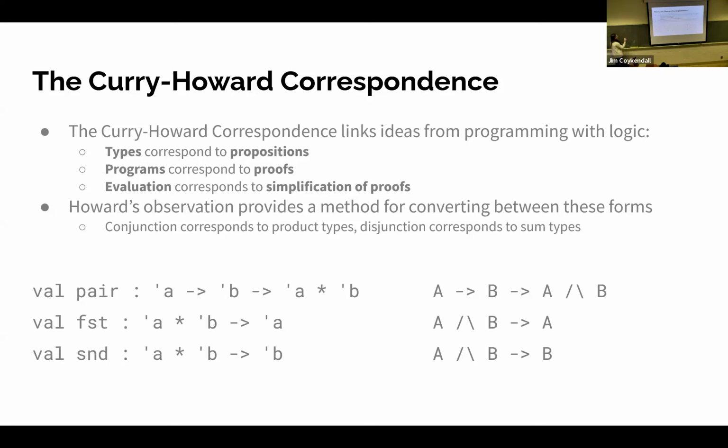I can have the sum type, which is either an element from A or an element from B. And we can have, that one's actually kind of gross, I'm not going to get into it. But basically the idea is that this was discovered by Haskell Curry, who was a mathematician.